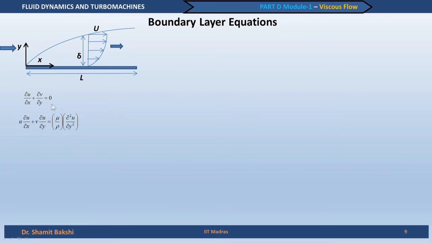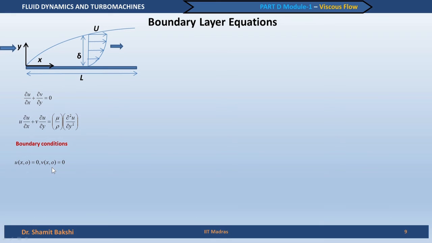Still it looks difficult to solve, being a partial differential equation, but if we make some observations it becomes easy to solve. So we will see what observations we can make. Before going into that, let us see the boundary conditions: u at all x at y equal to 0 will be 0. That means if you move along x at any point u is 0, same is v.